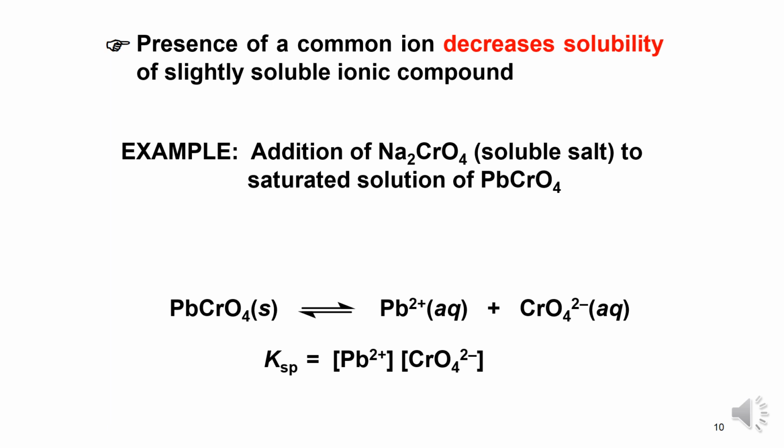It is slightly soluble, forming Pb2+ aqueous plus CrO4 2- aqueous. So we write the expression Ksp equals [Pb2+] times [CrO4 2-], where Ksp is given as 2.3 times 10 to the power of negative 13.